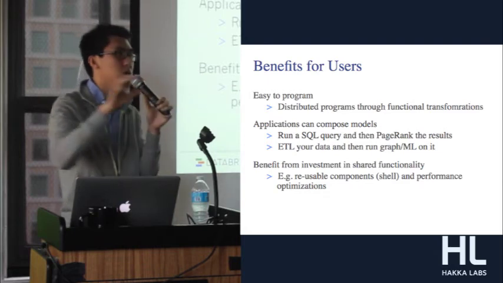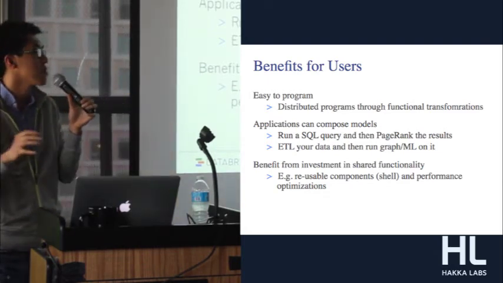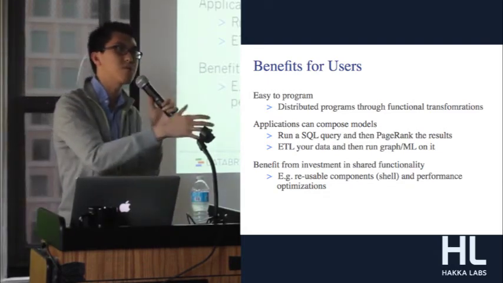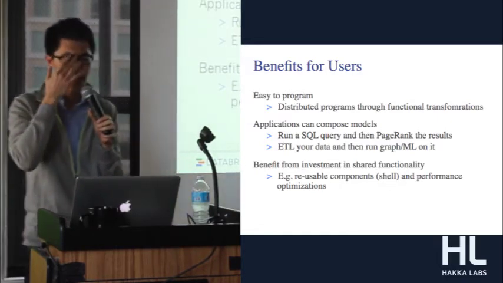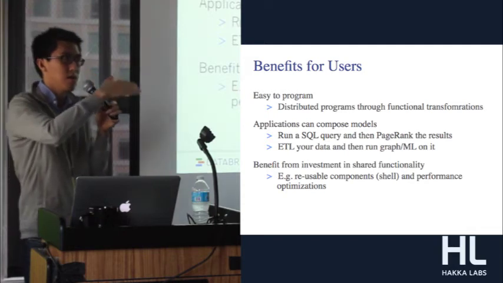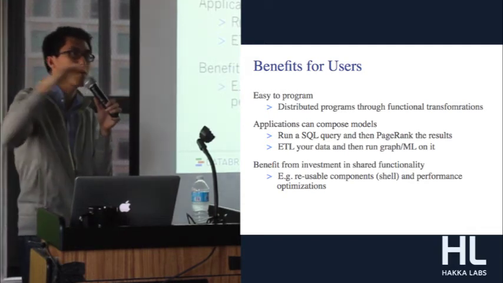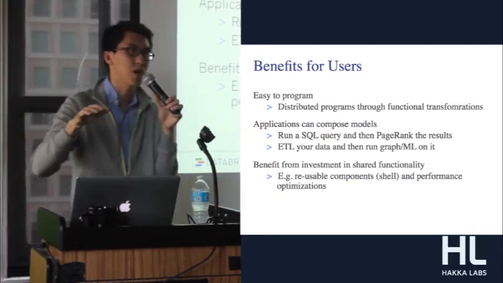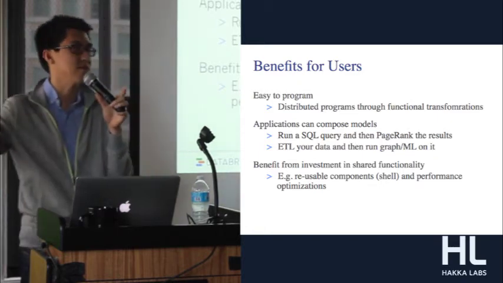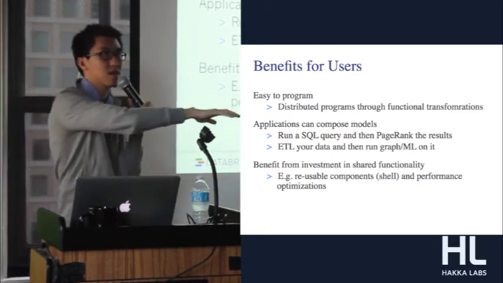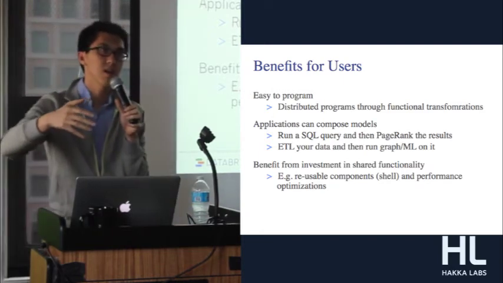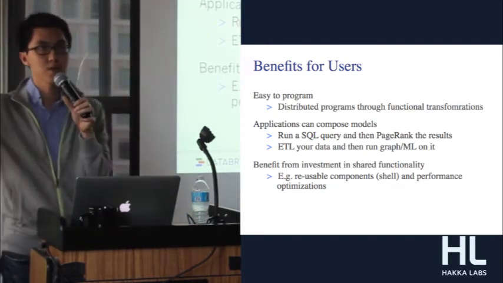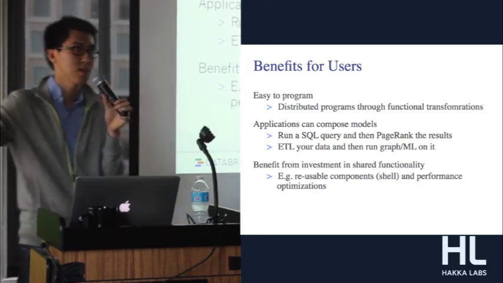With all these DSLs, what does it mean for the user? Maybe you could find comparable libraries for different systems out there. But the benefit for users is that you can use a single programming abstraction to cover your data analysis pipeline from the very beginning of getting data, cleaning data, to exploring data, building models, and real-time serving models at the end.